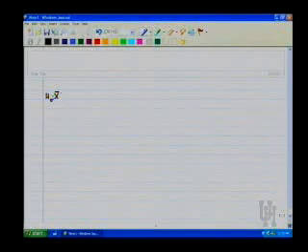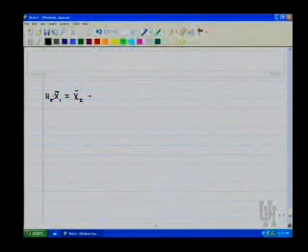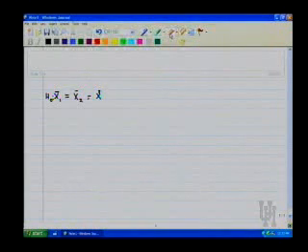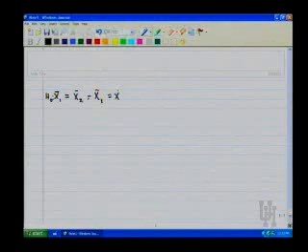We have rejected this statement: X bar 1 equals X bar 2 equals X bar 3 equals X bar 4. Yes? We've rejected that statement.